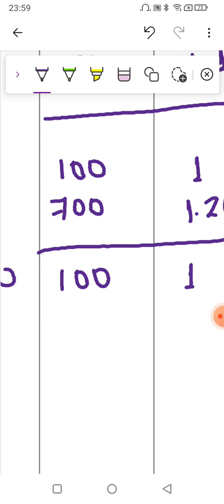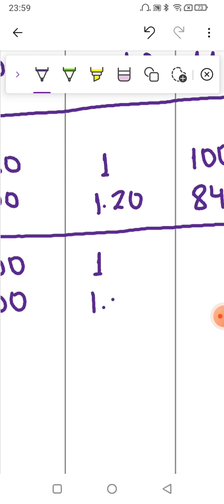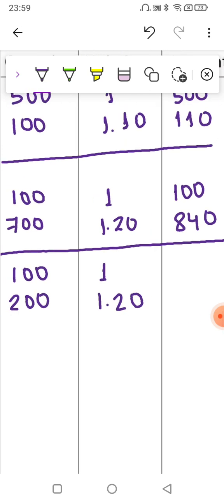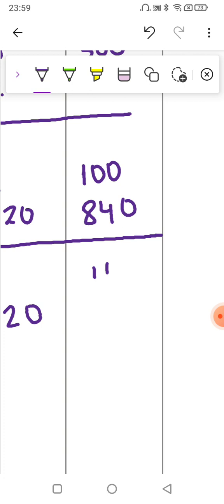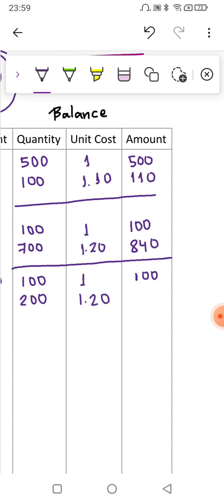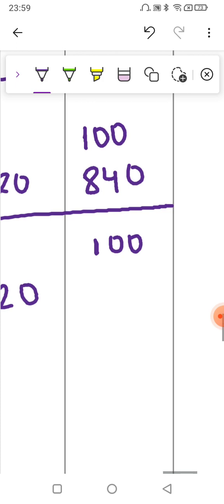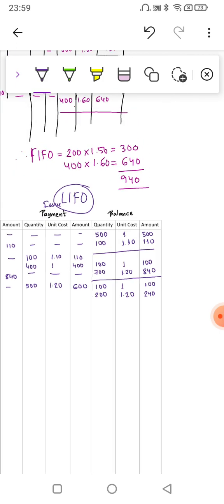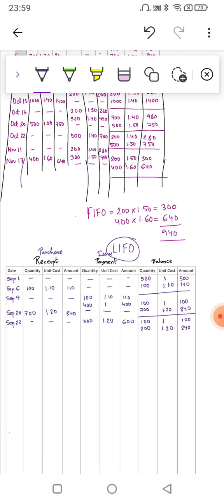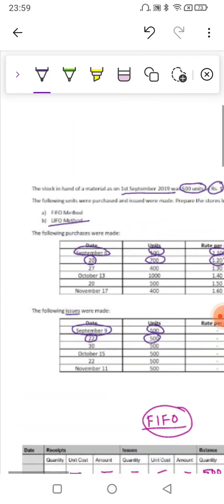From 700, 500 is gone, so 200 remains intact at 1.20 per unit. So we write 100 into 1, and 200 into 1.20, we get 240, which we are going to record here. This is done. Now we are going to move to the next date that we have.